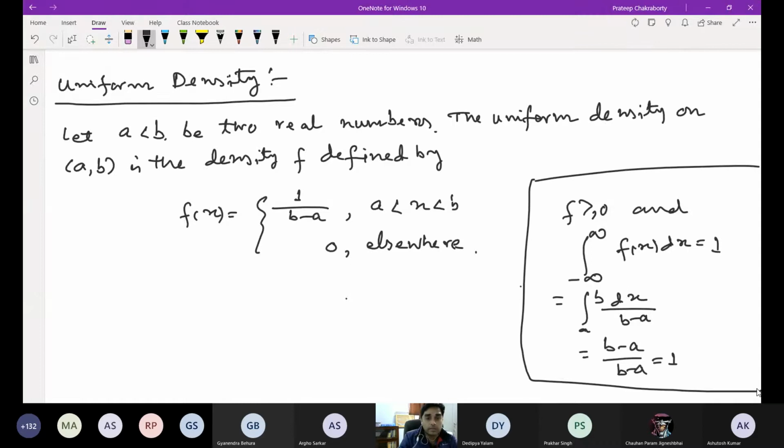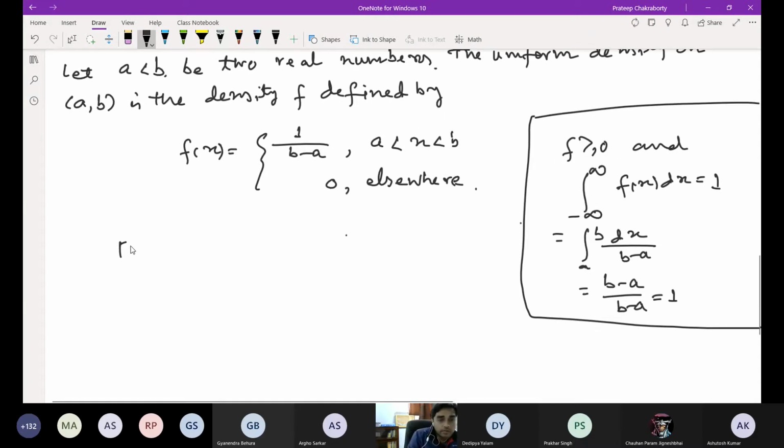And how will you get the distribution function from here? F(x) is by definition the integral from minus infinity to x of f(x) dx.